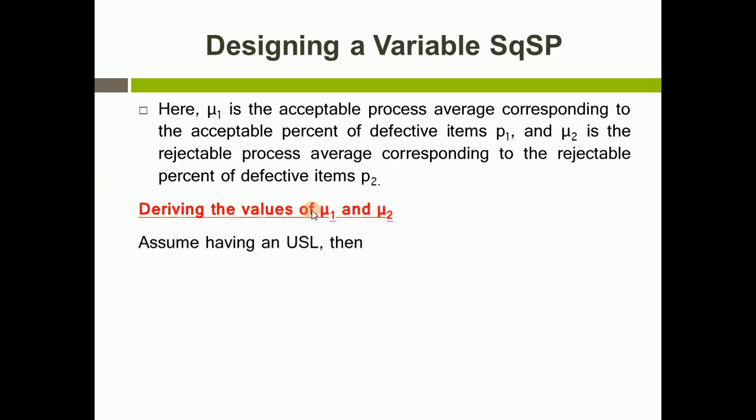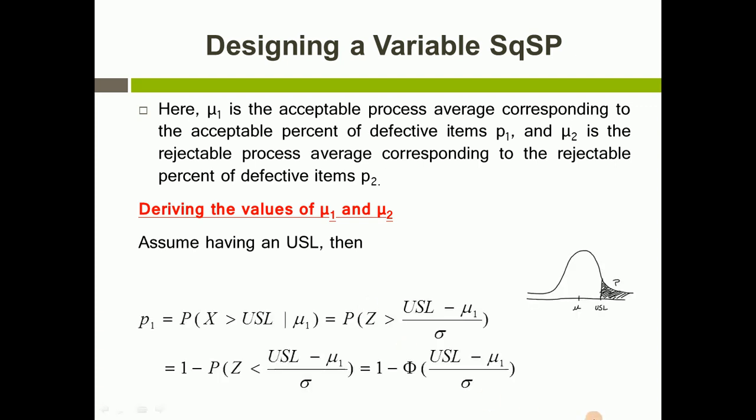So the first question, in order to be able to design a variable sequential sampling plan and to find XA and XR, is that first we have to derive mu1 and mu2. Recall that we derive mu1 and mu2 depending on P1 and P2. Here the only difference from what we discussed in a variable sampling plan is that we have an upper specification limit this time.